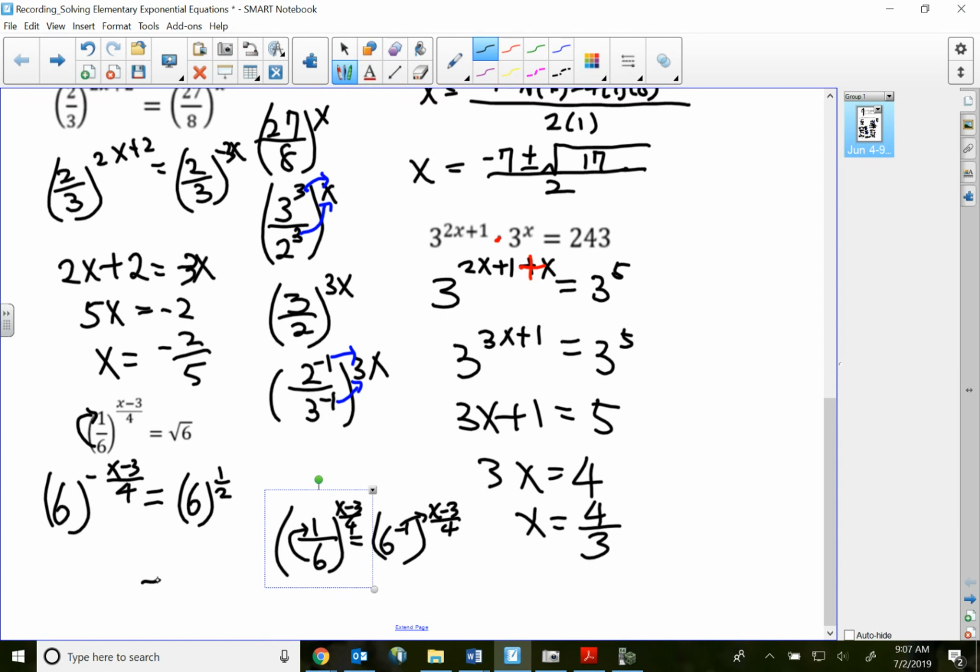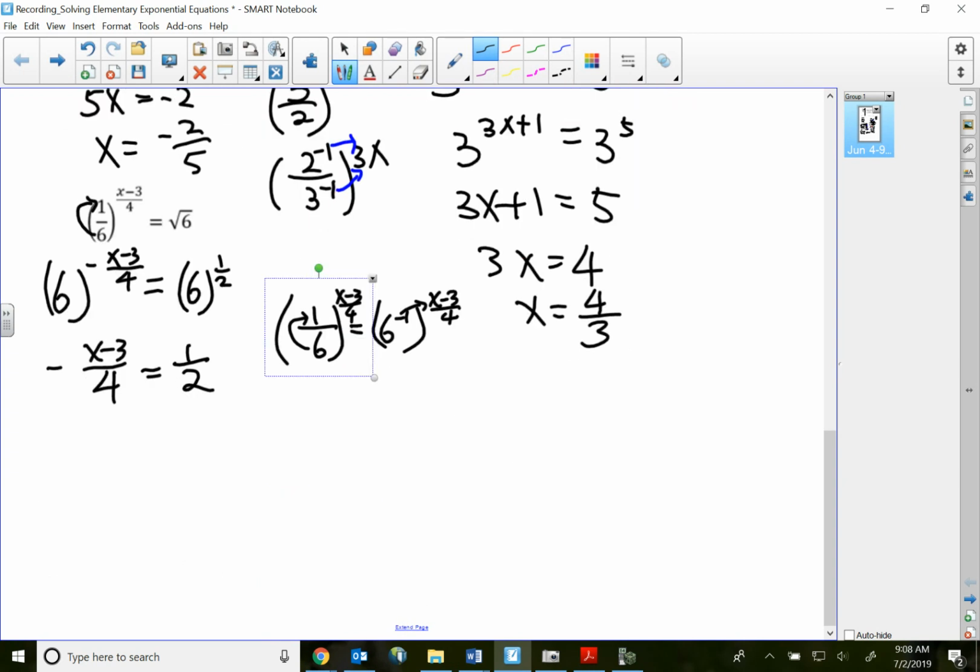All right, so when the bases are the same and equal to each other, we can set the exponents equal. So let's multiply. I'm going to say the negative sign goes with the top. Negative 2 times the top will be negative 2, right? So that will be 2 times negative 1 times x minus 3, set equal to 4 times 1 is 4.